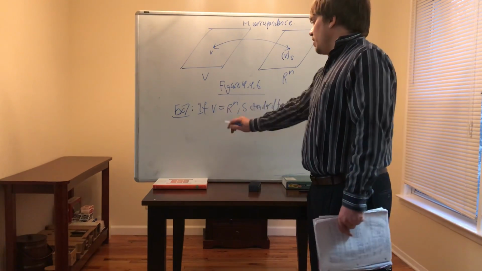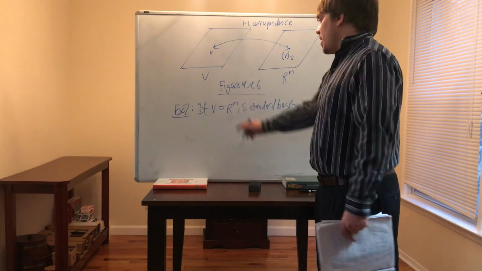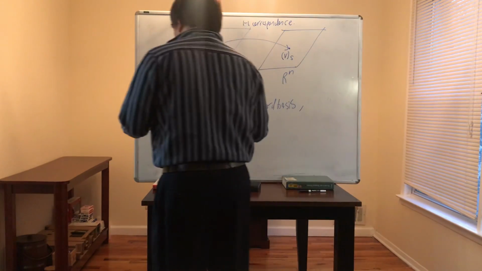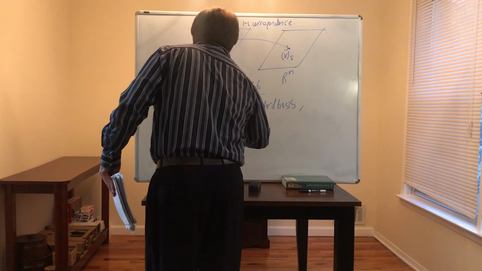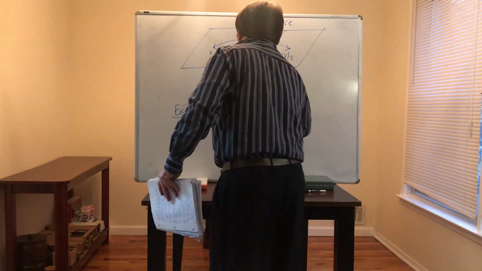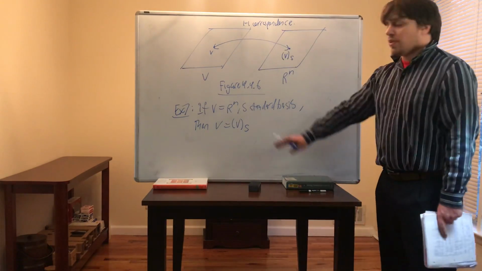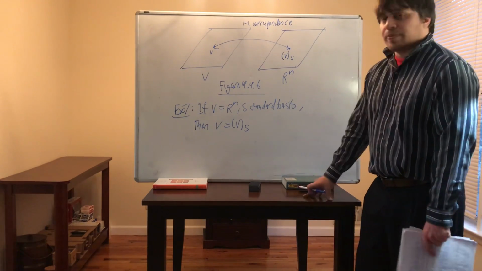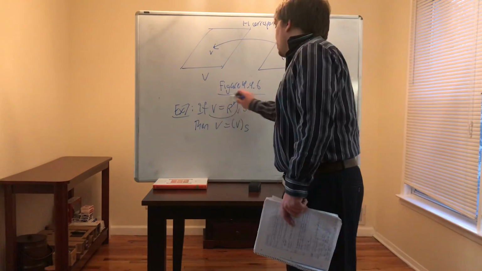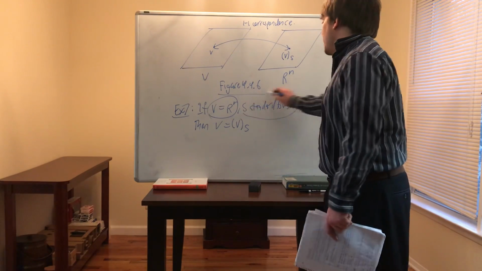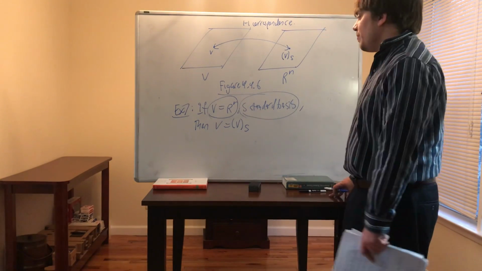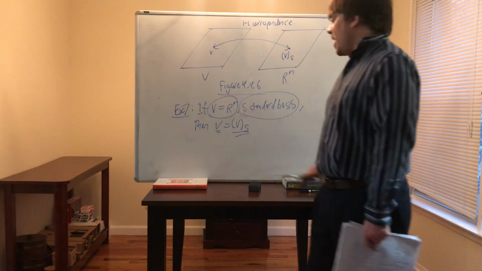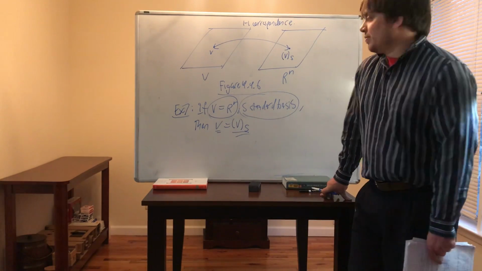So if your vector space is n-space with the standard basis, then things are really convenient because the vector you're talking about is equal to its coordinates relative to S. And so in the first example I showed you, that's what happened, right? So if you have a vector space which is Rn, and you have the standard basis S for that Rn, then for any vector V, its coordinates relative to S is itself. Okay?